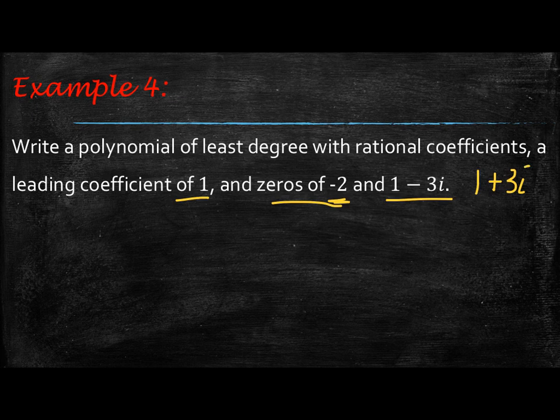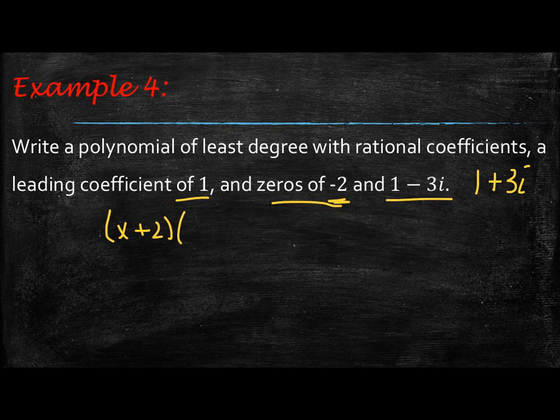Okay, so I'm going to take these zeros that I'm given and I'm going to write them as factors. Now when you write them as factors, they go in with x minus that 0, so I'll have x minus a negative 2, which is going to be a plus 2.